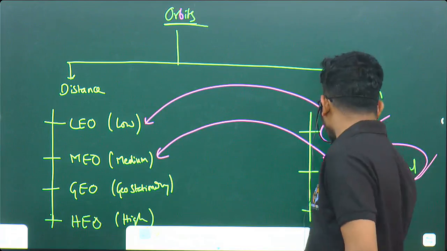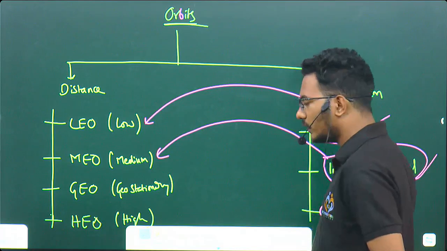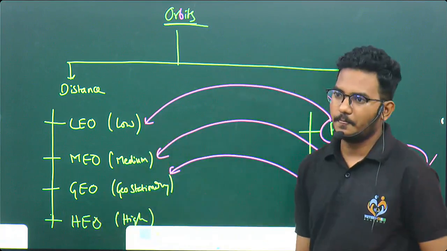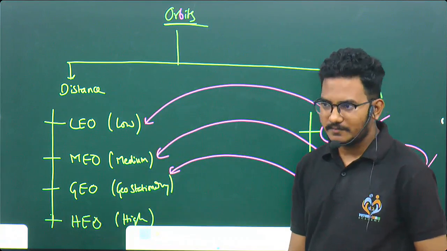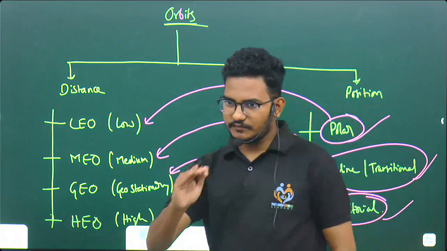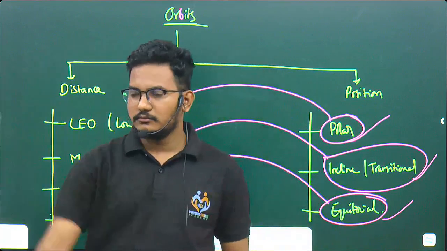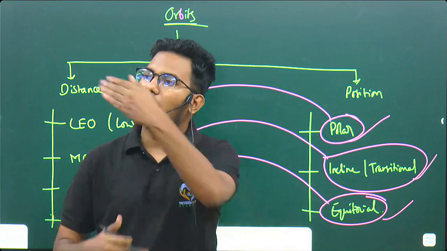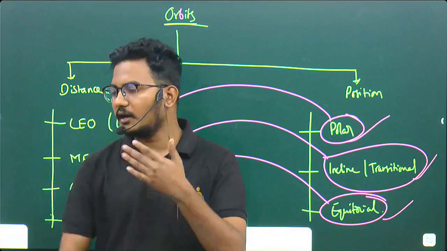And if you want to cover the equatorial region, those satellites must be placed in the GEO. Which means somewhere between 50 and 2000, this area will cover polar regions.